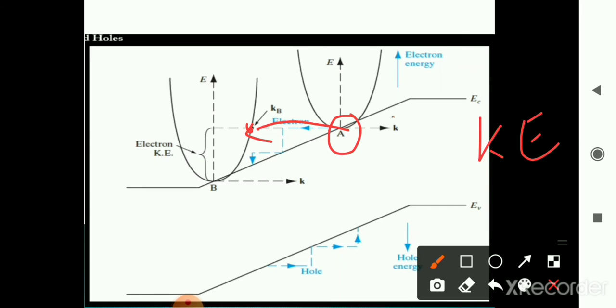This position is not stable, so the electron always tries to go down to the lowest energy state. So again it will come down and occupy position B. Both A and B are on the conduction band, at the lowest part of it, but the potential energy at this point is higher compared to the potential energy at this point.